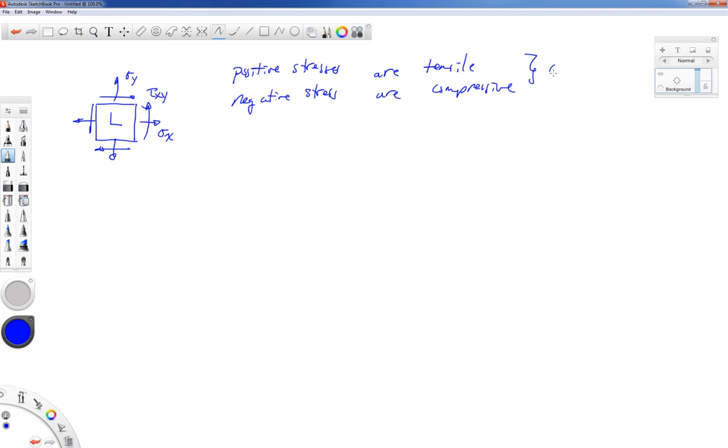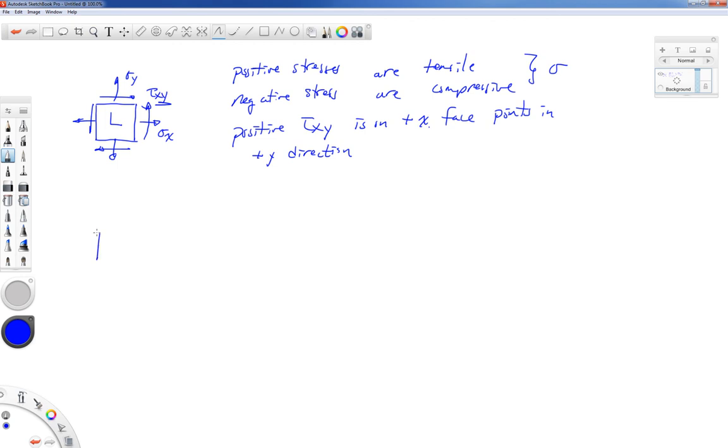Okay, so this is for the sigmas. And a positive tau xy is on the plus x face, and it points in the plus y direction. So this would be a positive shearing stress that I'd use in my Hooke's law equations.